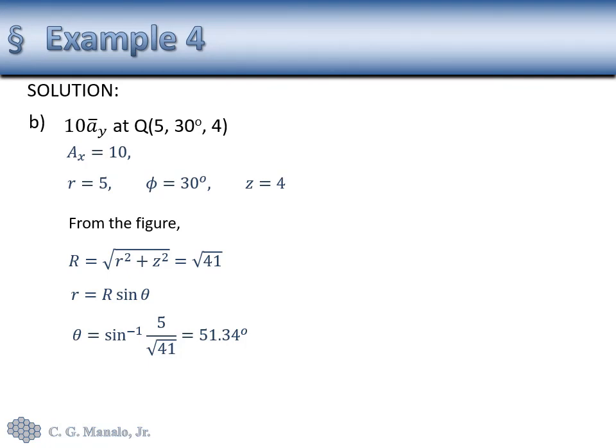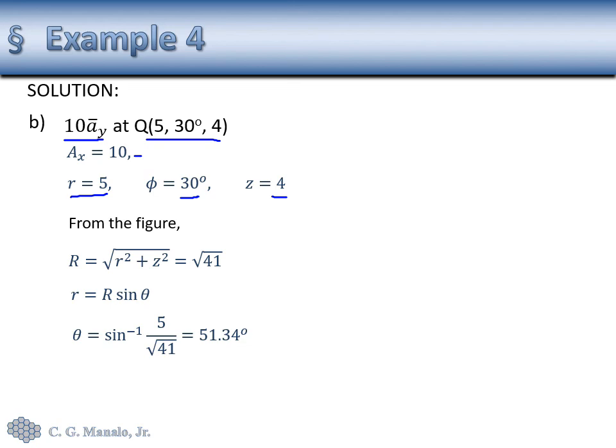For the second vector, that vector is given as 10ay at the point given in cylindrical coordinates. So therefore we have here A y as 10, small r as 5, phi as 30 degrees, and z equals 4.